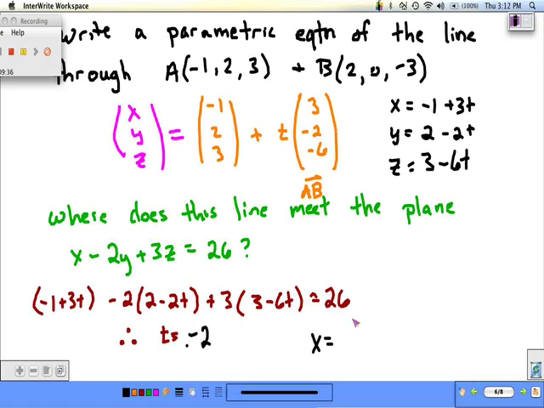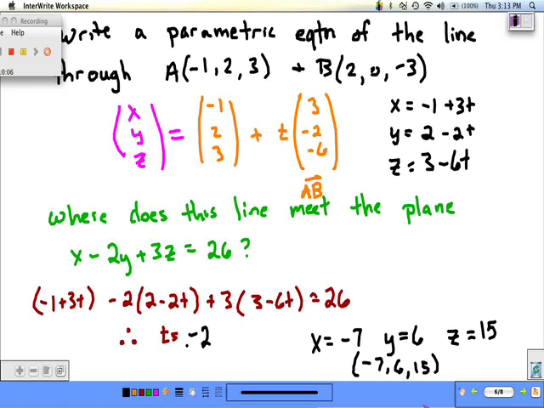So I get negative 1 plus 3 times negative 2, which is negative 7. Y is equal to 2 minus 2 times negative 2, which is equal to 6. And substituting negative 2 into z up above, we get 3 minus 6 times negative 2, or 15. So the place that that line intersects the plane is negative 7, 6, 15.